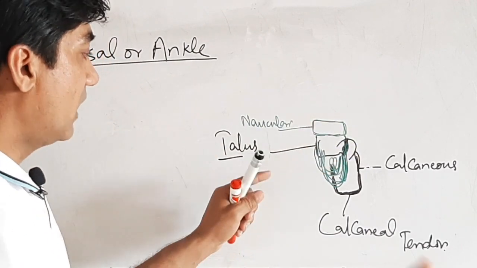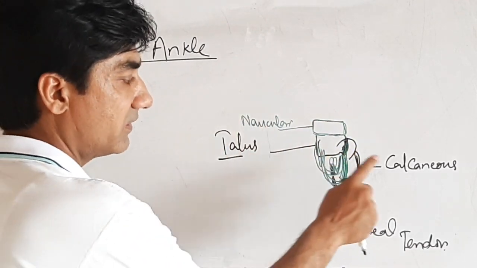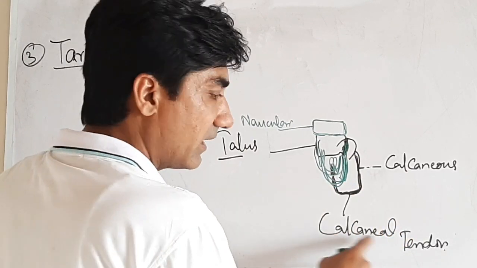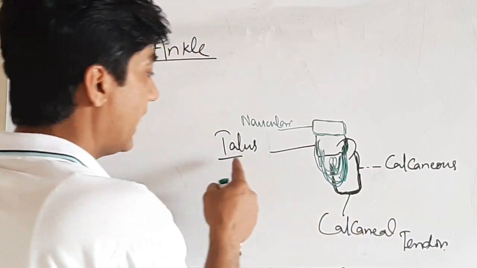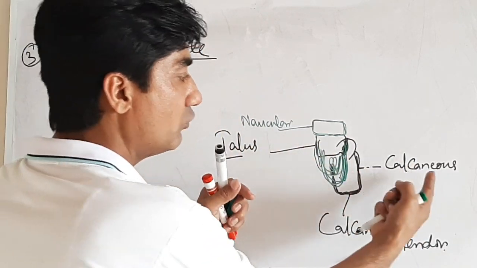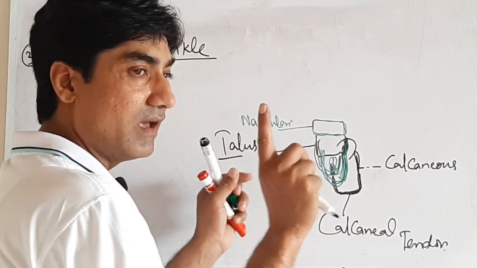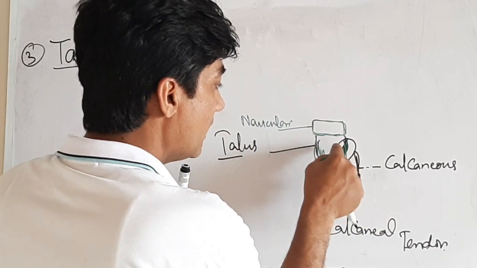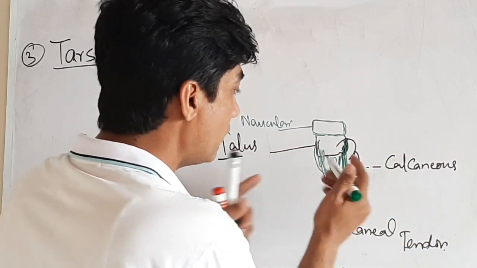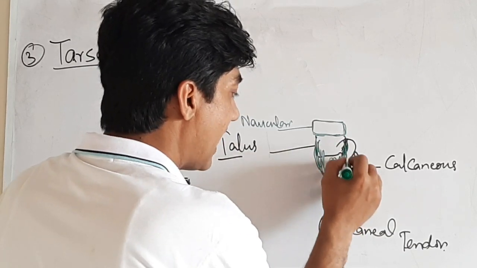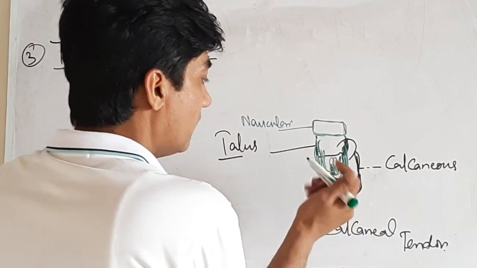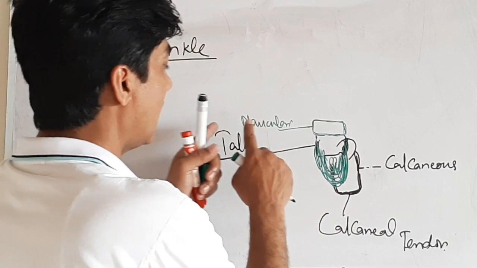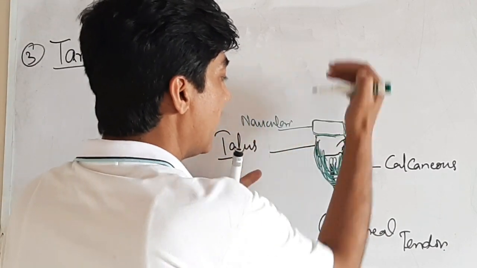We have just discussed the three bones of the tarsal region. One is calcaneus, which forms the heel. Its posterior end is the calcaneal tendon from the calf muscles. The second bone is talus, superior to the calcaneus. Talus is articulated at 3 points with other bones: one is inferior posterior with the calcaneus bone, superior is attached with the tibia via its trochlear surface, and the third articulation of talus is with the navicular anteriorly.